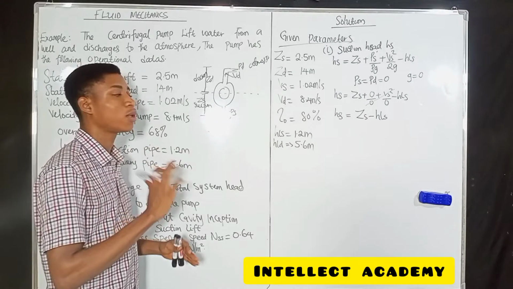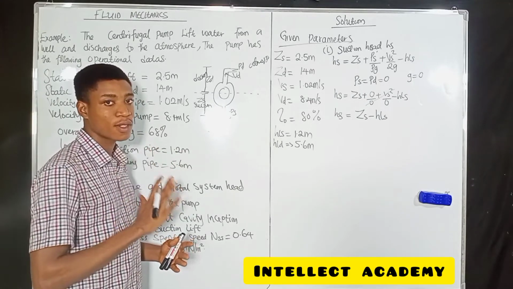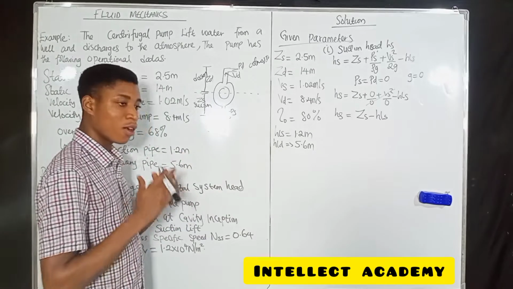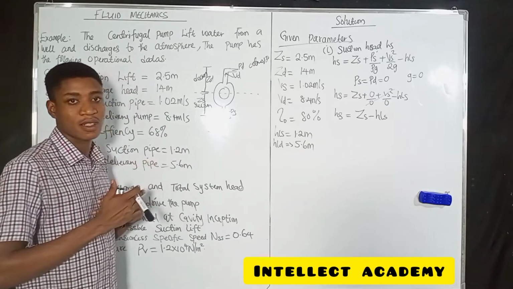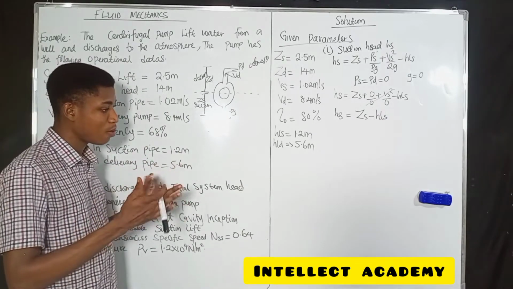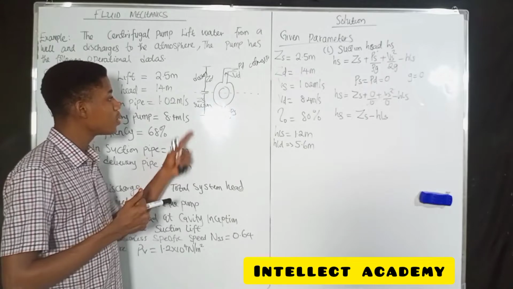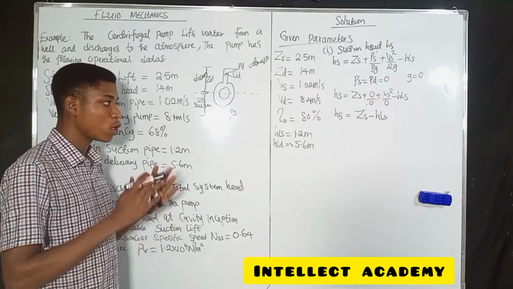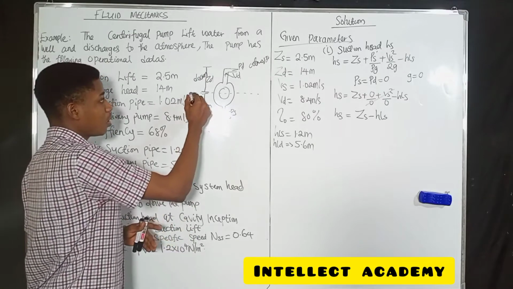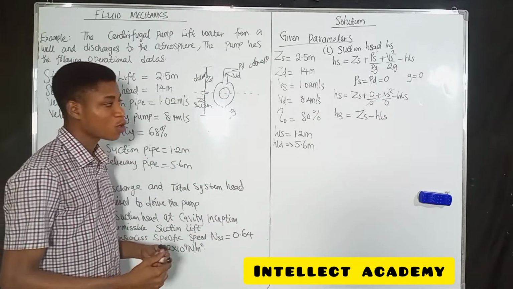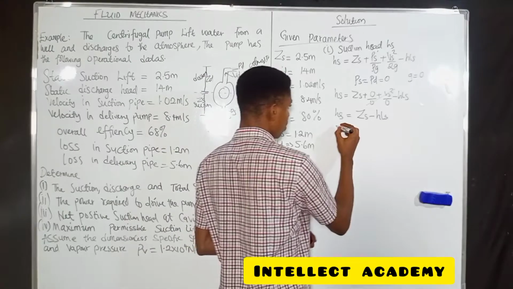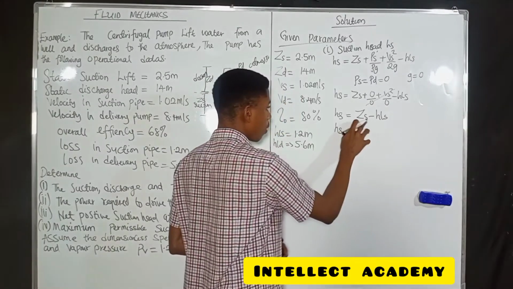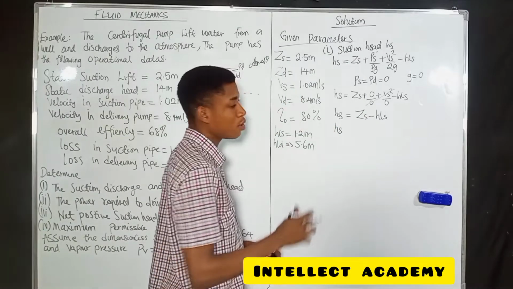It is very important in problems involving centrifugal pumps and in manometers, in pressure or piezometers. So take note that your ZS, your suction head, in cases like this will always be negative because it's below the datum line. So our suction head is 2.5.